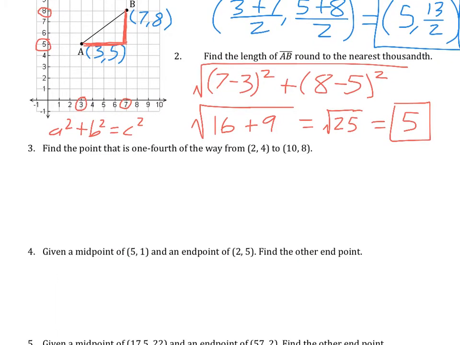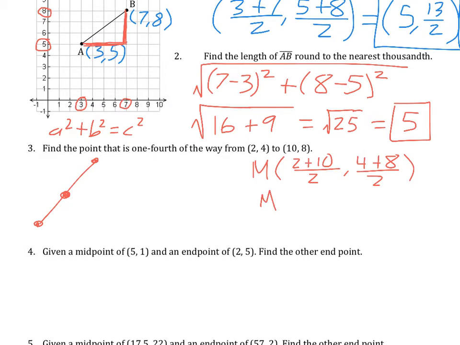On number 3, we want to find the point 1/4 of the way from 2, 4 to 10, 8. So first thing we want to do, so we have one coordinate and another coordinate. If we want to go a quarter of the way, first thing we have to do is find the midpoint. So the midpoint, we add the x's together and divide by 2, add the y's together and divide by 2.